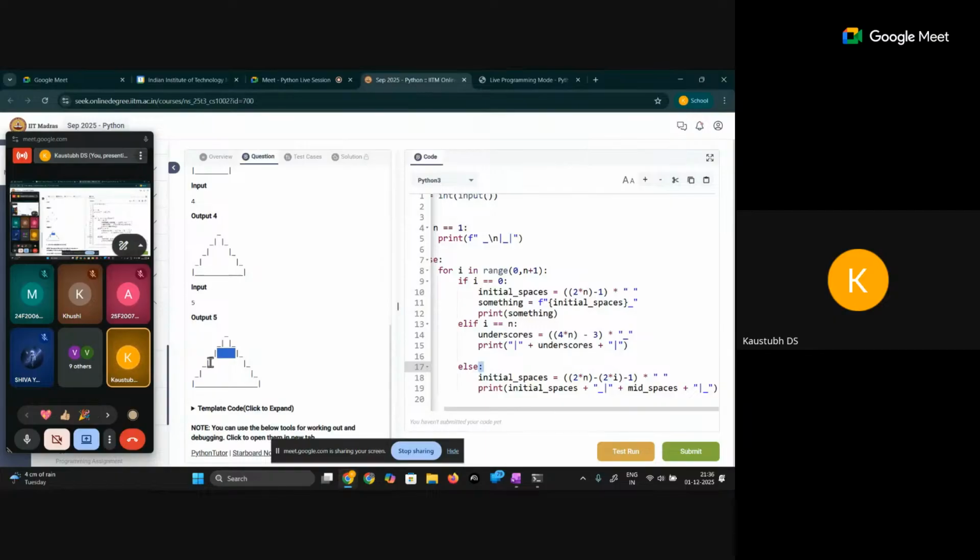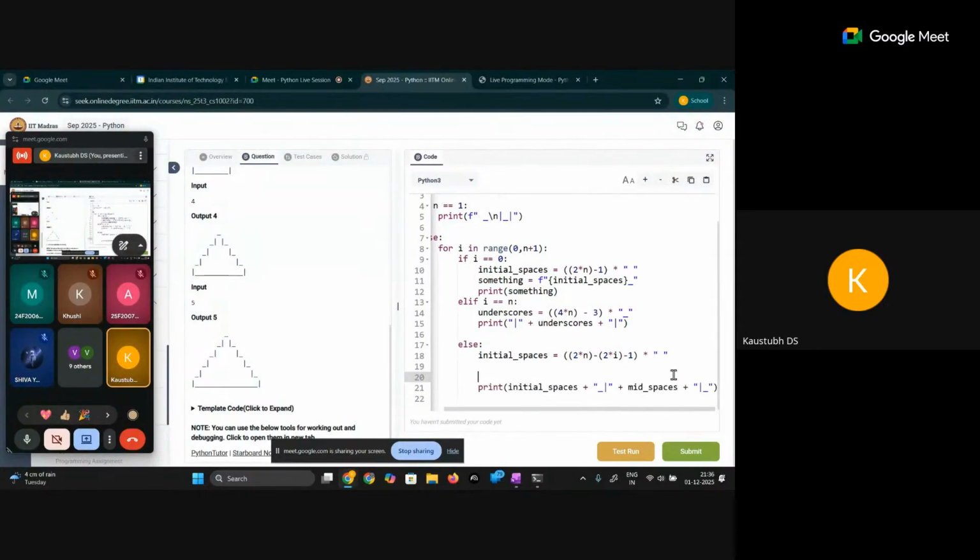What goes in between is now what we have to calculate. Right, everyone? Yes, sir. Okay. Now, if you look at it, is the formula not going to be the same as the last line? So here we had this amount of underscores, right?